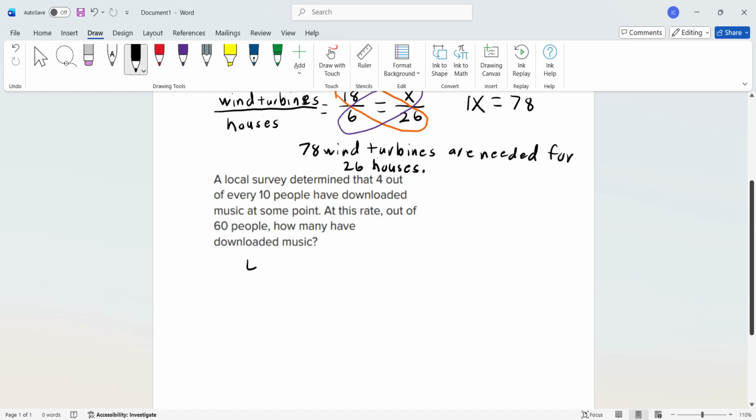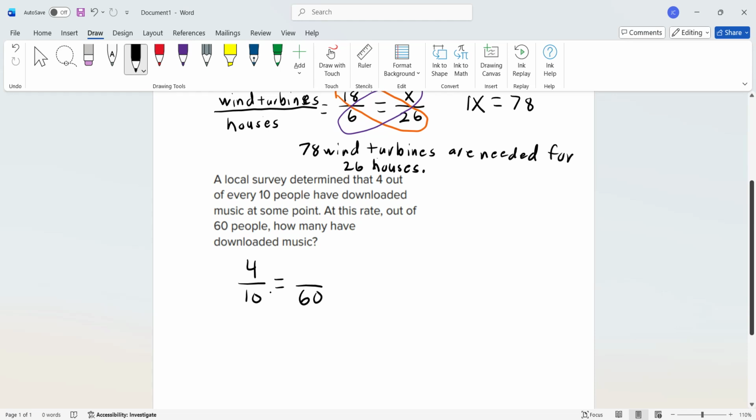So our rate is 4 out of 10. I didn't do words for my ratio because we're saying 4 out of 10 people have. So I have 4 out of 10. And at this rate, we need to figure out, out of 60 people, how many people have?